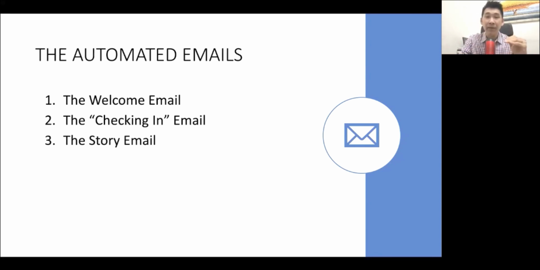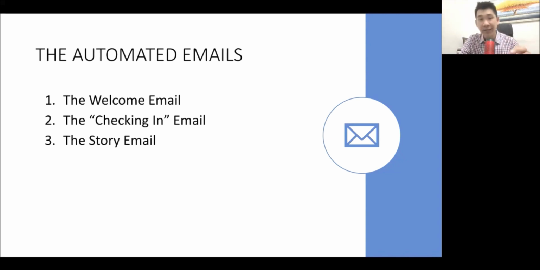So let me repeat. When they request your free offer, they will receive the welcome email automatically. The next day, they'll receive the checking in email. And then after that, they'll receive the story email. The story email doesn't go out automatically the next day. It could be sent out, say, 2 days later.